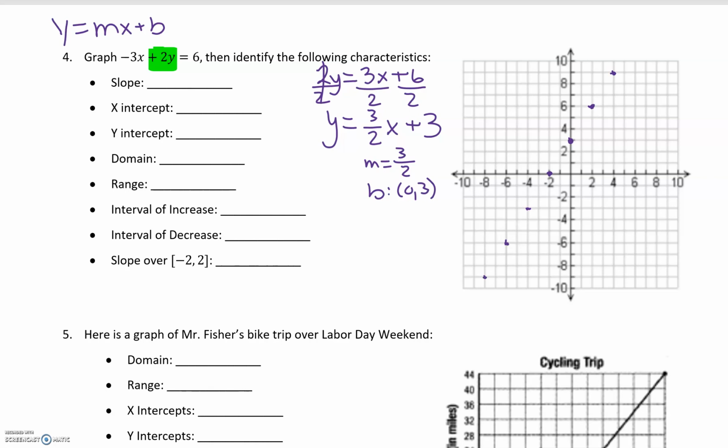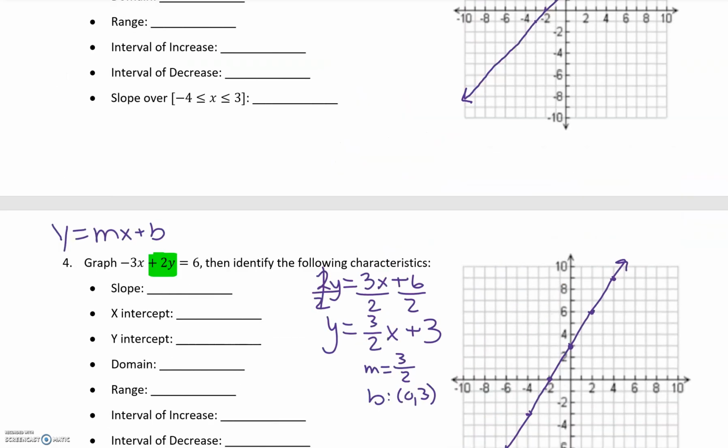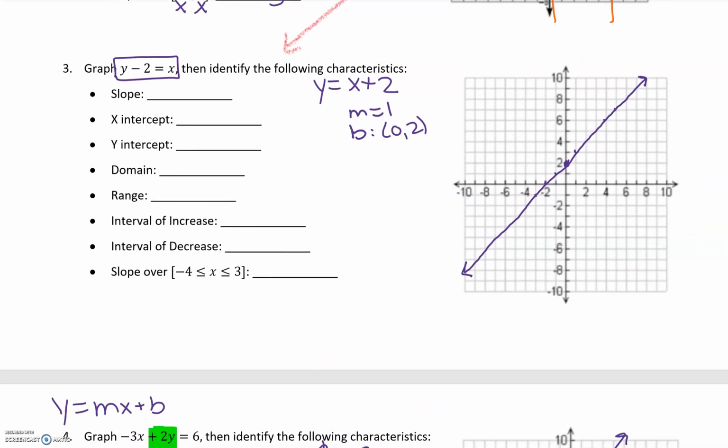That way you can get the best line possible. Then you're just going to connect these dots because it's an equation, which means we can have the values in between these points. All right, so take a minute, go back and fill in all the characteristics for 3 and all the characteristics for 4, and then I will put my answers up.